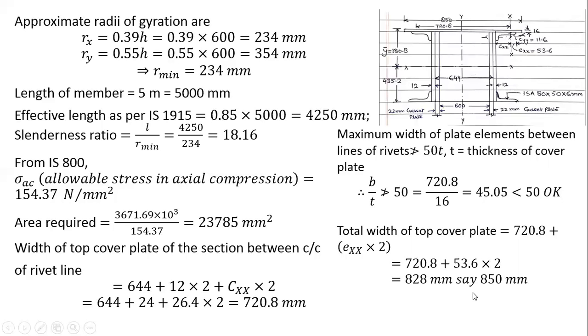Now I have to increase it, say 850 millimeter. Okay, so this is the total distance from here to here, which is nothing but your 850. Now here I increase the plate width so that the rainwater may not come inside the section. Okay, this is just to safeguard the rainwater entering the section, because otherwise it will corrode this section.